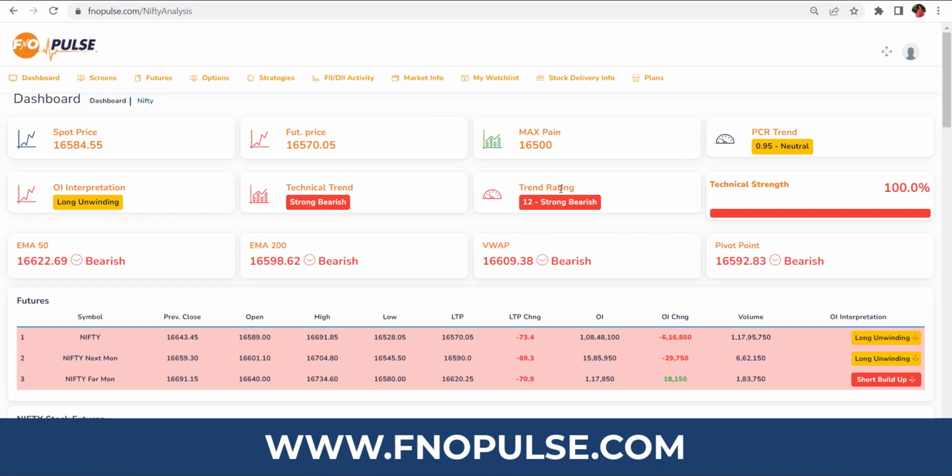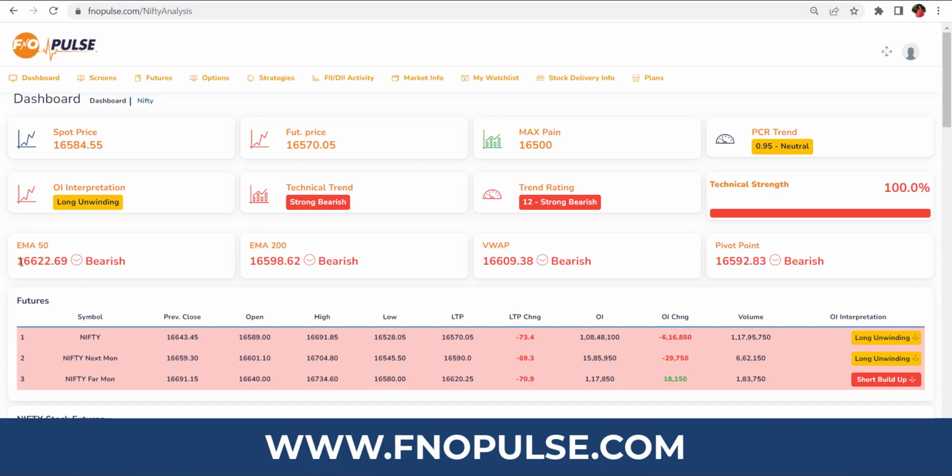Out of 12 parameters, 12 are in strong bearish shape. In the same way, neutral and bullish will come here. Technical strength is 100% on the bearish side. So the market is on a good bearish side.